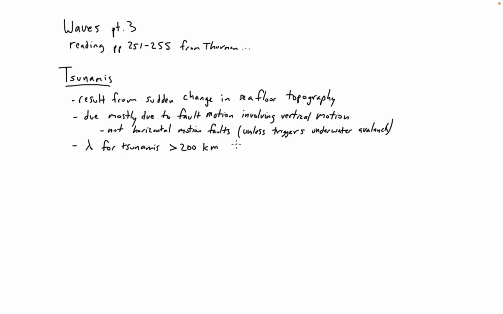And that's why, as I mentioned last time, they're shallow water waves, because the seafloor is generally no more than a couple of kilometers deep. So the wave base would be far below the seafloor, and the entire column of water feels the tsunami waves as they pass.